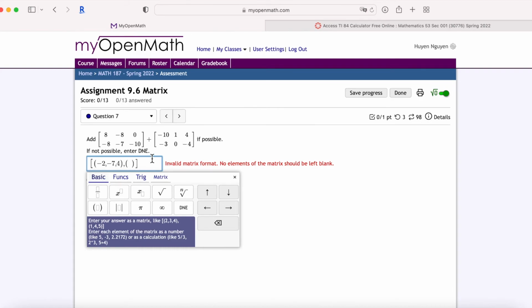The second row, negative 8 plus negative 3 is negative 11, comma. Negative 7 plus 0 is negative 7, comma. Negative 10 plus negative 4 is negative 14. This is my second row. So this is how I enter the 2 by 3 matrix in here. Now, if you have 3 by 3 or 4 by 4, you will do the similar.